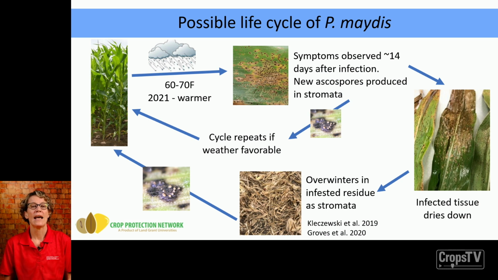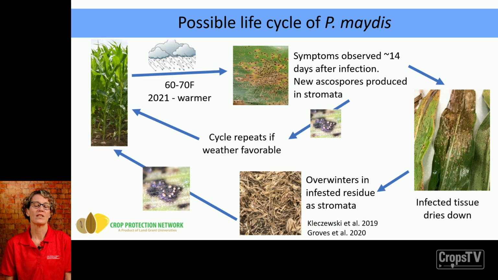Those contain the spores, and then those spores obviously get splashed onto the leaves or get wind dispersed onto those leaves. And we originally thought that it was pretty cool conditions that we needed for disease development, but in 2021 we had a pretty warm growing season. Very wet, as I'll show you just now. So we're not entirely sure what the best temperature is for disease development, but those spores will land on those leaves and then infect those leaves, and approximately 14 days later we'll start to see those symptoms or the signs, the stromata.